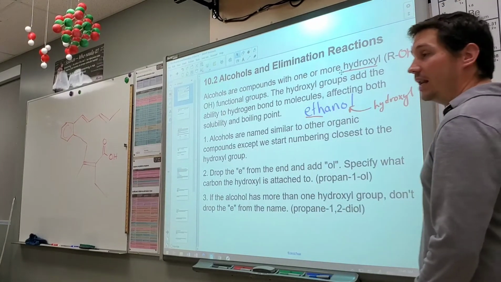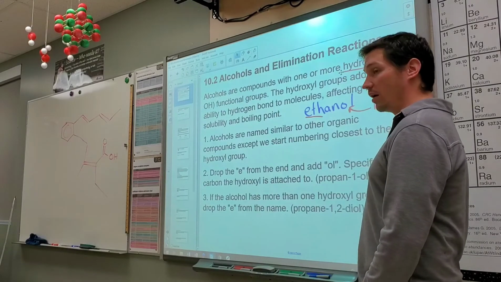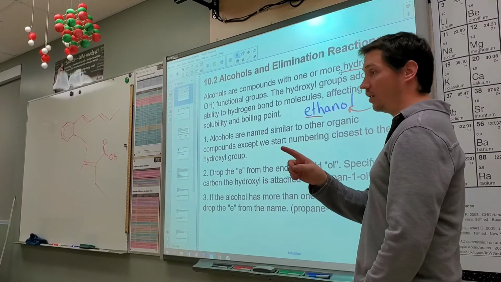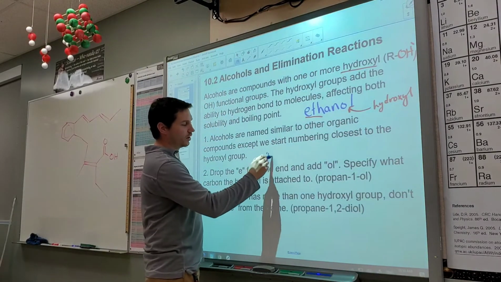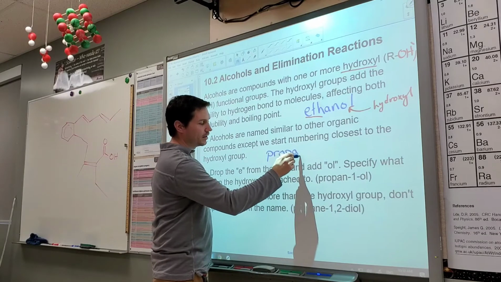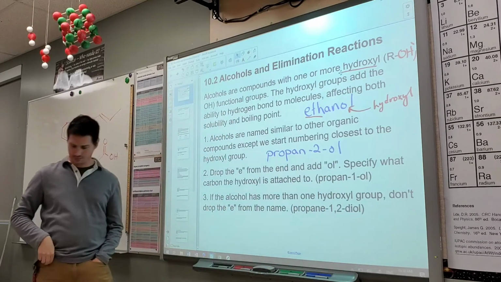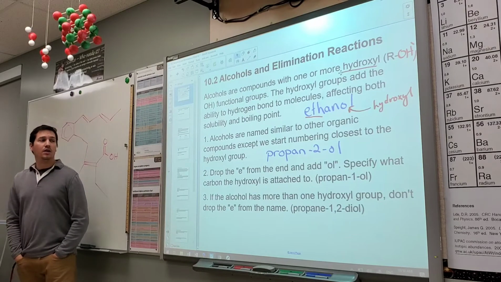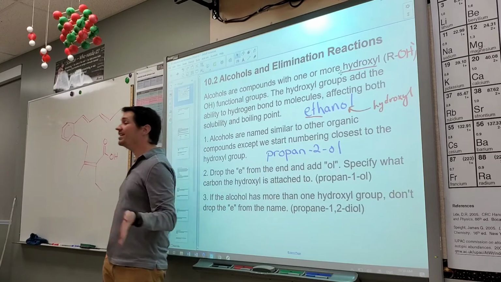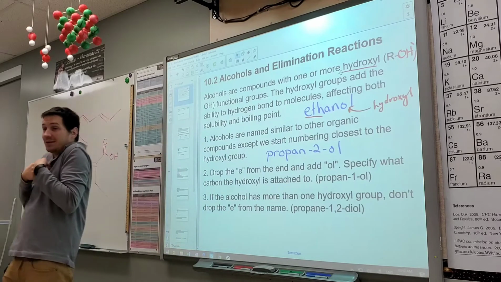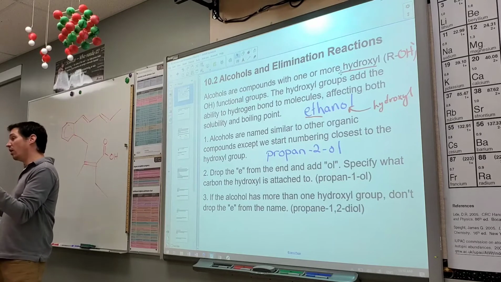There's another one called isopropyl alcohol, or 2-propanol. We could call it propan-2-ol. Without really learning anything from me today, could you draw me the structure of propan-2-ol?